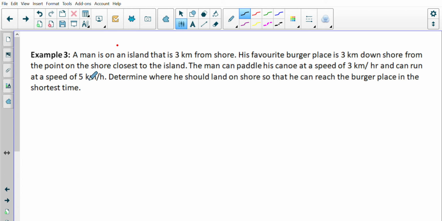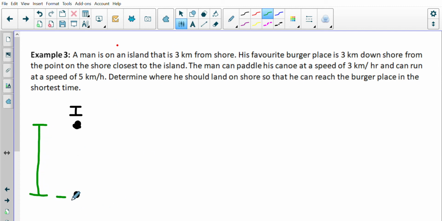All right, so here's the situation again. I want to draw a diagram. A man is on an island that is 3 kilometers from shore. Let's draw that. Put a big I there. There's the island. And here's the shore.